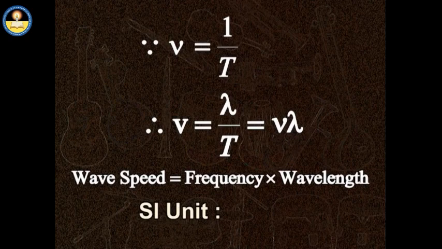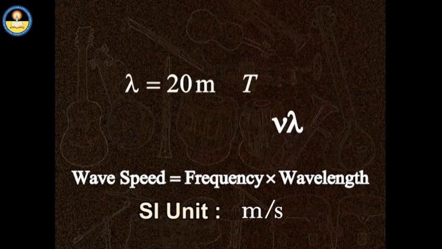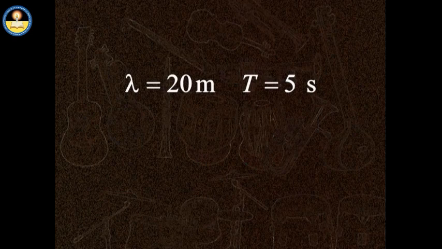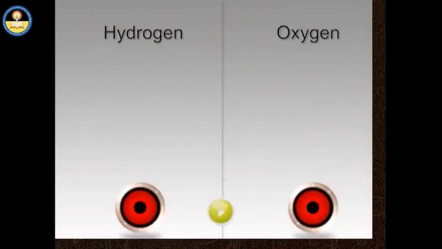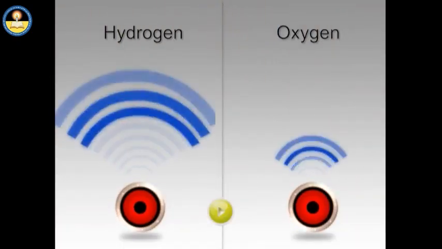SI unit of wave speed is same as of speed, that is meter per second. If a wave moves a distance of 20 meters in 5 seconds, then the speed of the wave is 4 meters per second. Sound propagates through a medium at a finite speed.